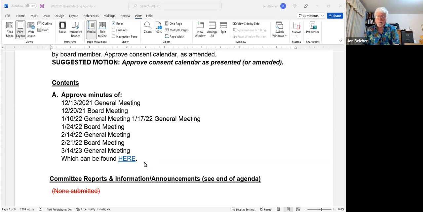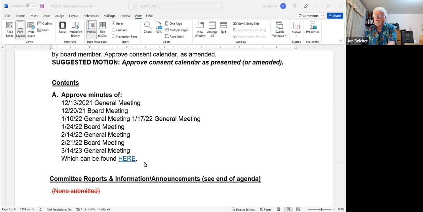Now, I realize we've got a bit of a problem in that 4 of you probably have not been able to attend those meetings and therefore approve the minutes. So what I suspect you may want to do is abstain from voting. And then the majority of us who vote in the affirmative or the negative will determine whether it passes or not.